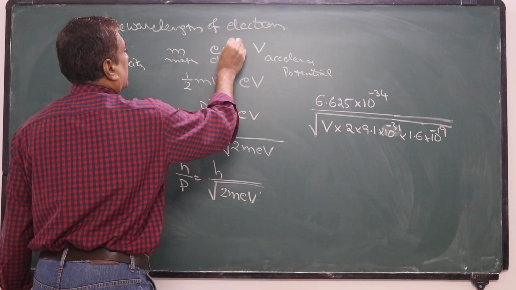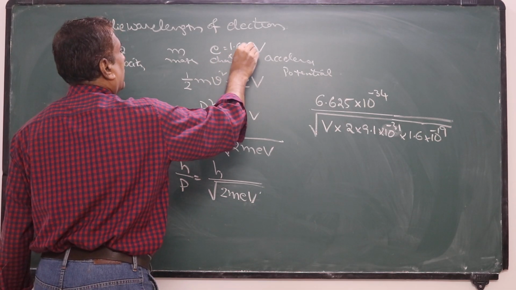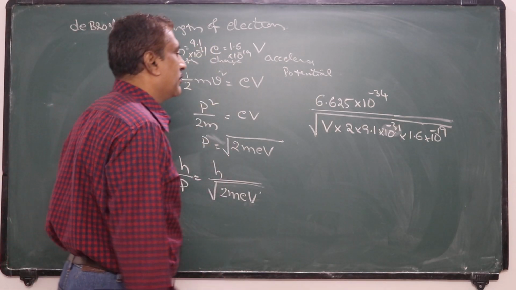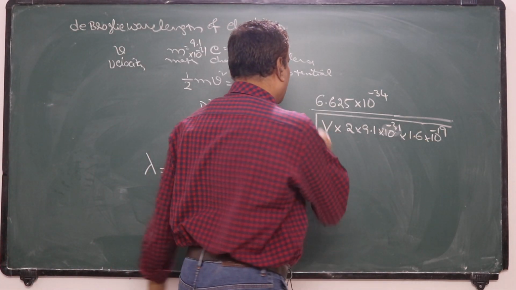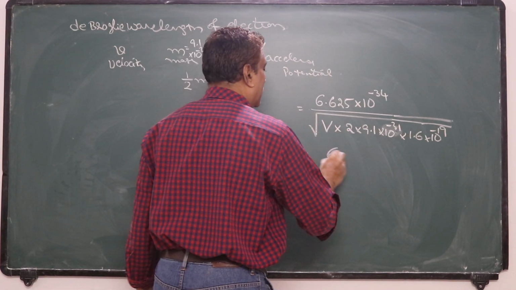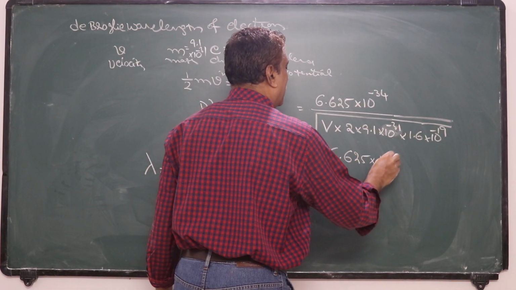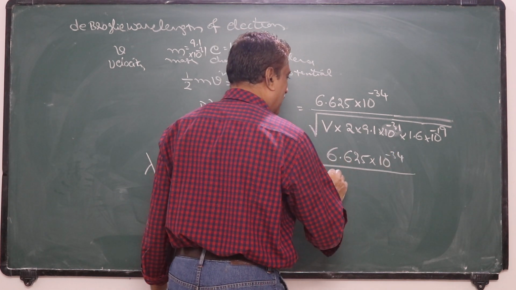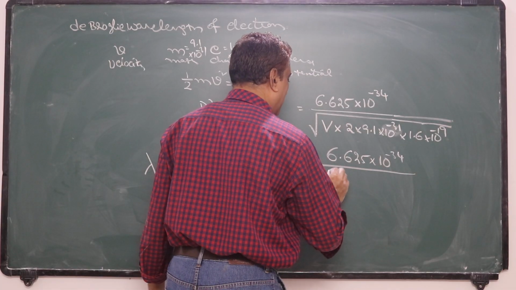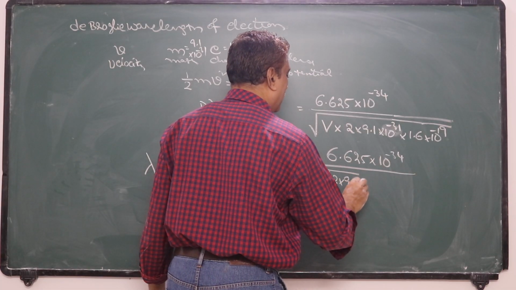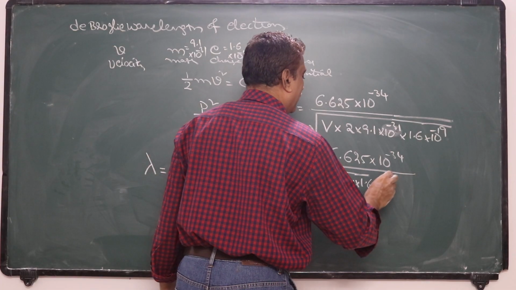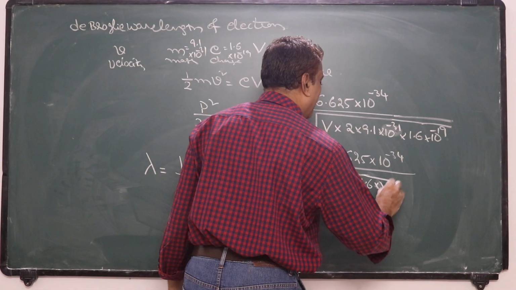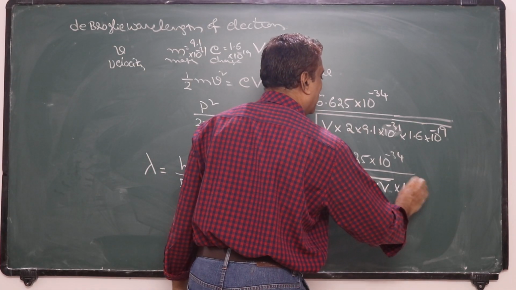Because the charge of the electron is 1.6 into 10 to the power minus 19 and the mass of the electron is 9.1 into 10 to the power minus 31.